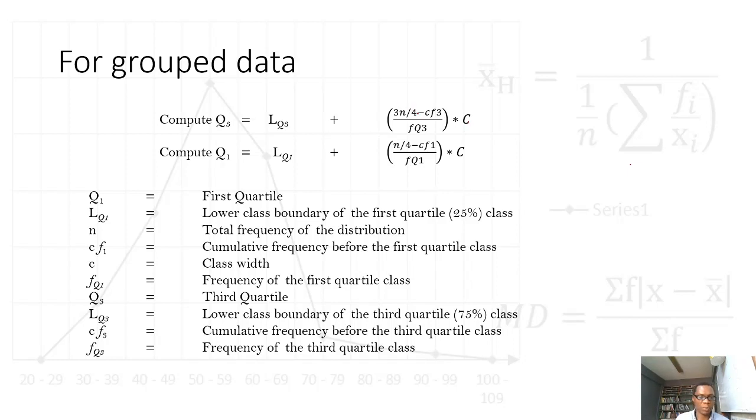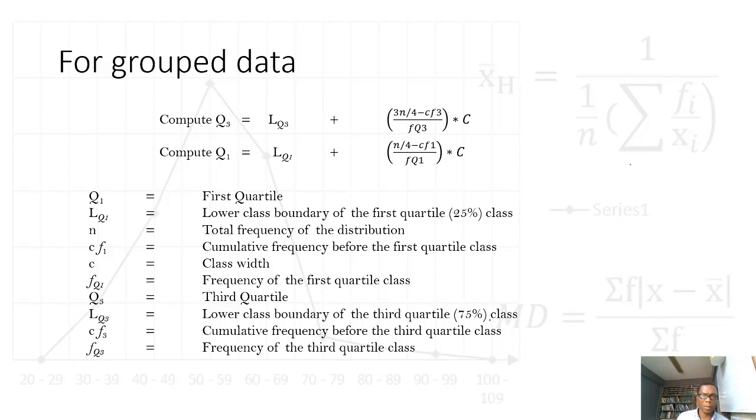It's important that we understand what these different components of the formula represent. First, LQ3 represents the lower class boundary of the third quartile.